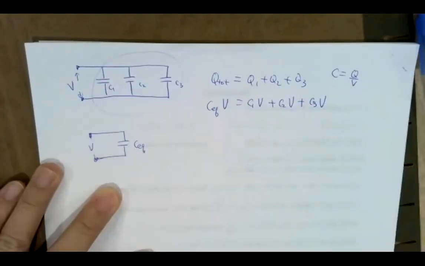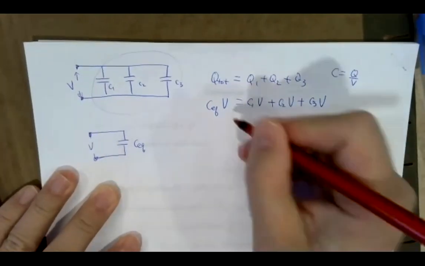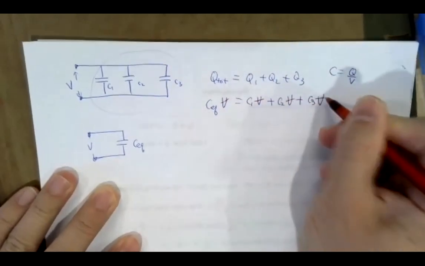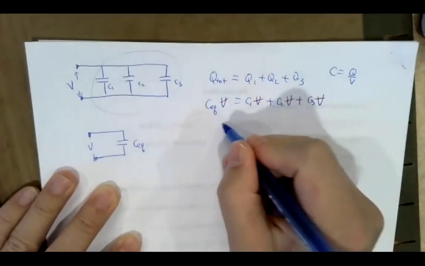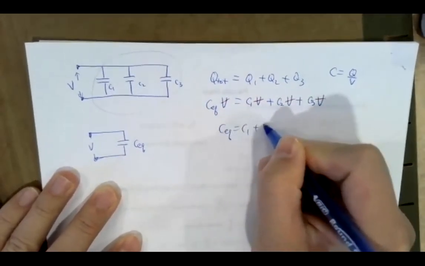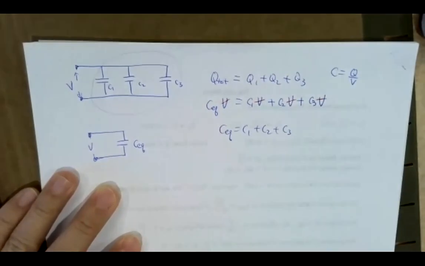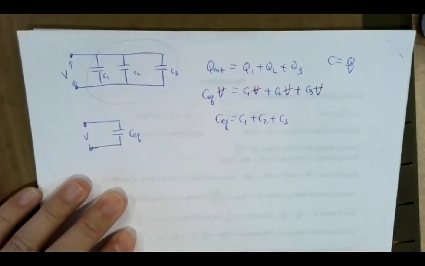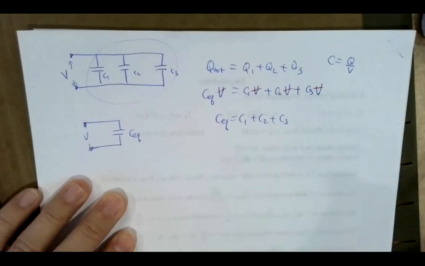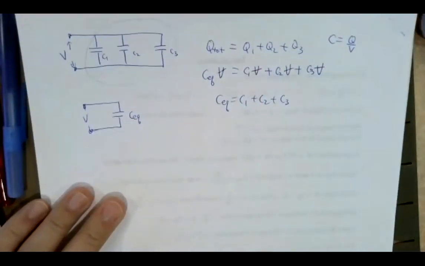In this case, your V's are the same on those terminals, so then that cancels out across. So your CEQ will be simply then C1 plus C2 plus C3, okay? If you have more than 3, you add the rest up. If you have less than 3, then just C1 plus C2. Okay, so that's when they are in parallel to each other.